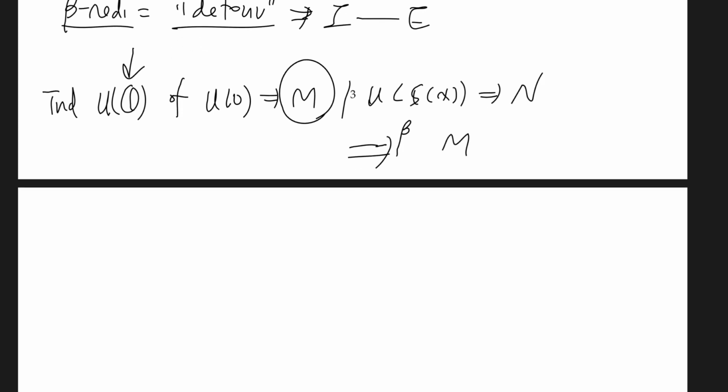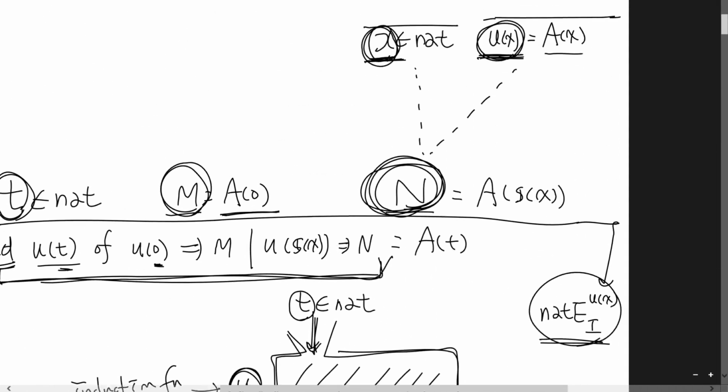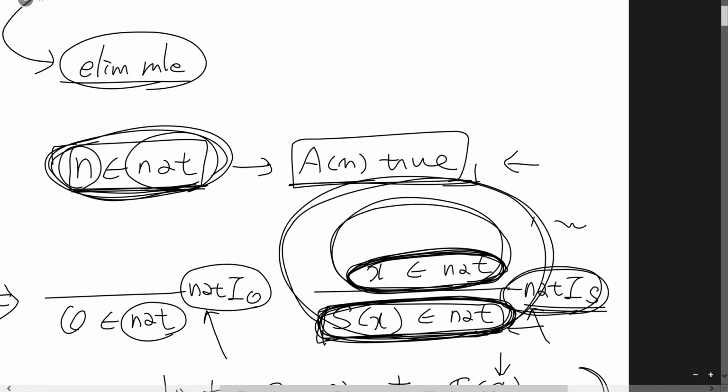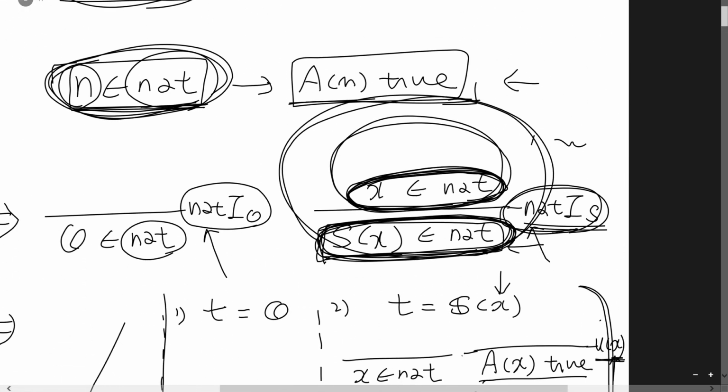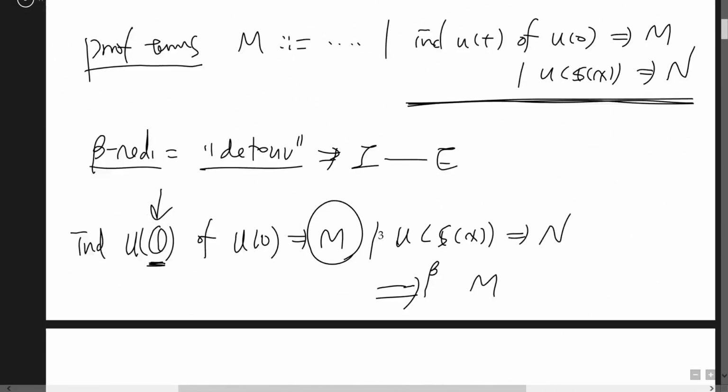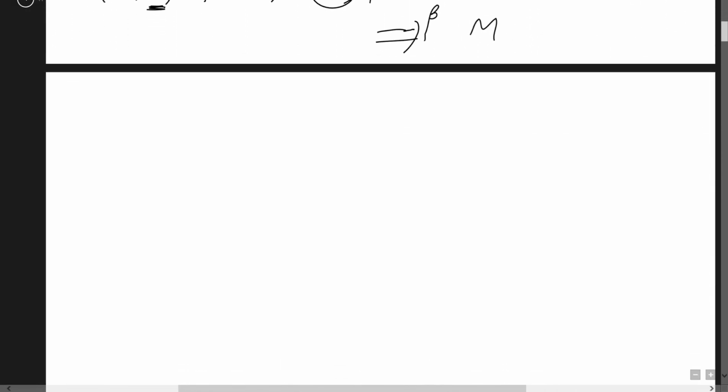Inductive case looks like, instead of 0, you have this one. This is the second form of introduction rule. So the second form of introduction rule looks like: if t is a natural number, then successor t is also a natural number.